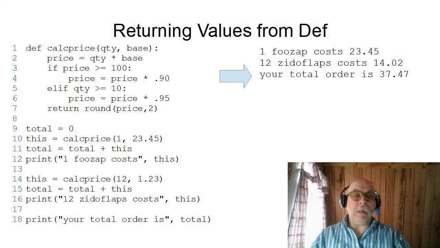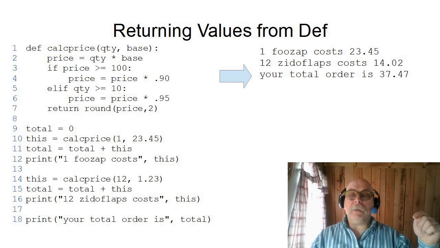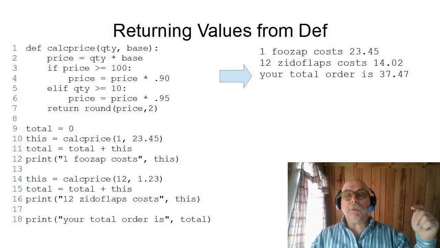And if it was just printing it out, I couldn't then use that to add it to total or to keep it accumulated or do anything else with it. So there is a function that has arguments, receiving values, calculating values, has its own local variables, and then returns a value back out of the function. So there's a full function example.